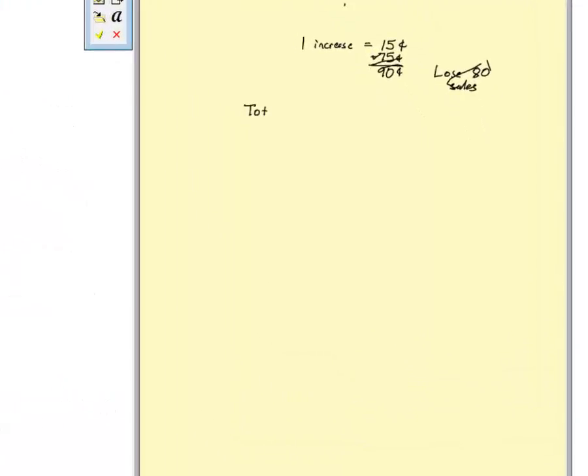The total amount of revenue can be found by multiplying the number of tickets sold by the price per ticket. So currently we have 3,000 tickets sold at 75 cents a piece.